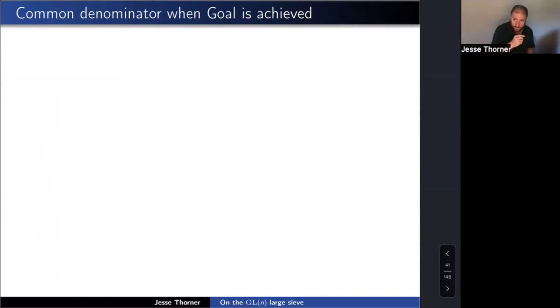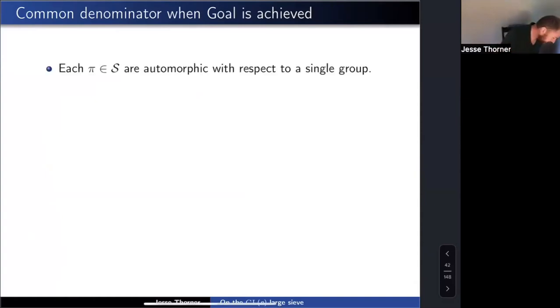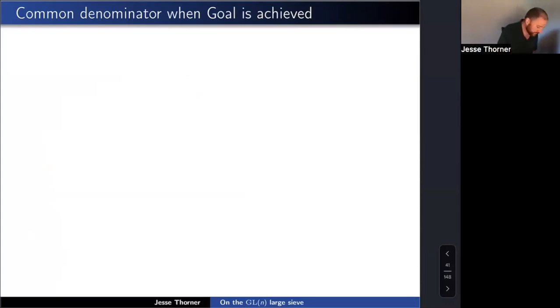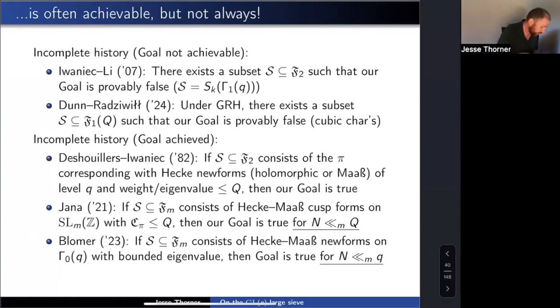The common denominator is that in each of these settings, pi is automorphic with respect to a single group. The group of automorphy in each of these examples is fixed. And that is crucial because it means that each of these results is amenable to trace formula techniques.